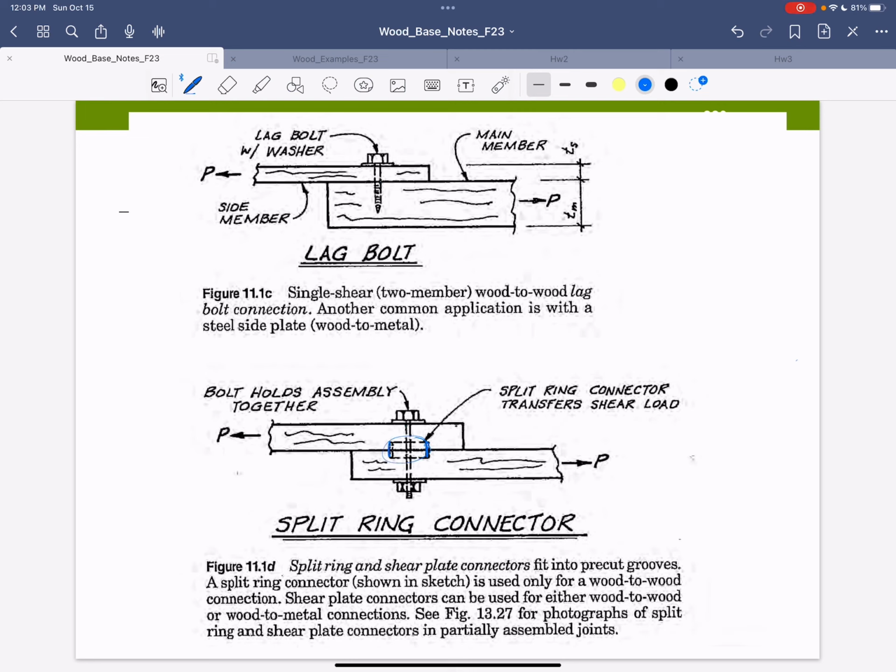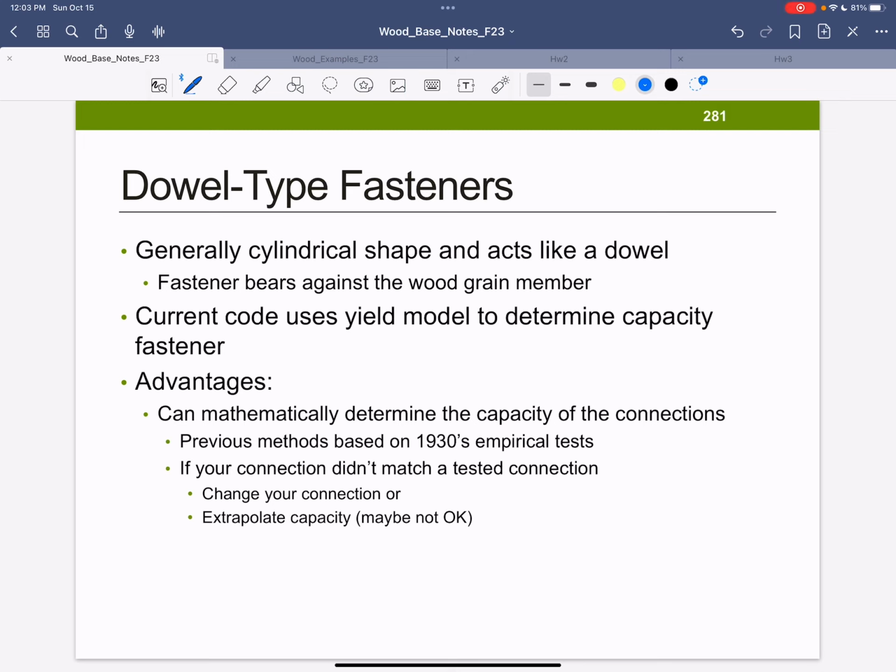All right, dowel type fasteners basically are cylindrical. They act like a dowel. This is your nails and things like that. The current code uses what's called a yield model to figure out the capacity. And these fasteners obviously bear against the wood of the member. So we can determine the capacity of these guys.